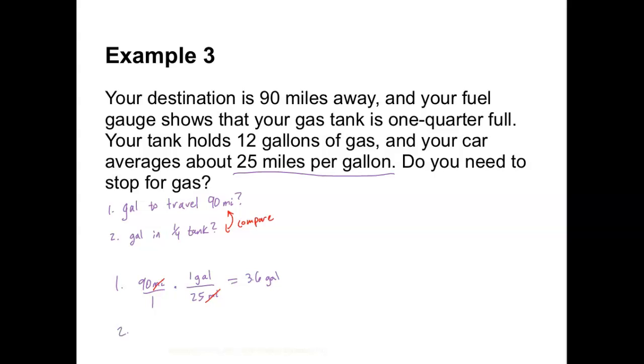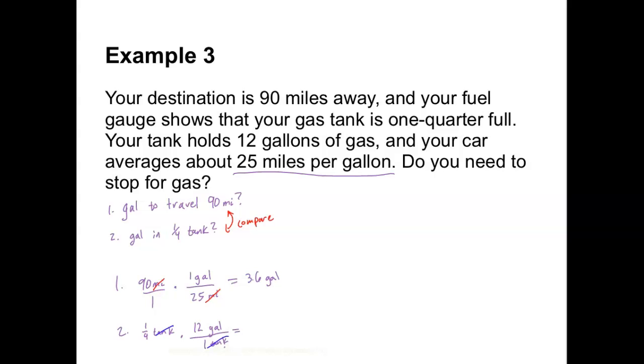Now case 2, we know we have a quarter tank of gas. And the other information is that our tank holds 12 gallons of gas. So another way of saying that is it's 12 gallons per 1 tank. If I multiply that out, that's again going to leave me in gallons like I wanted.